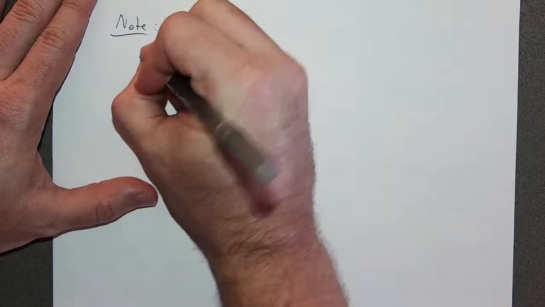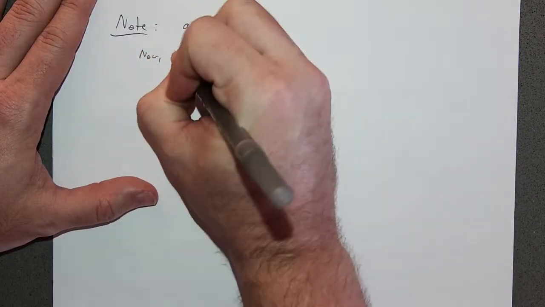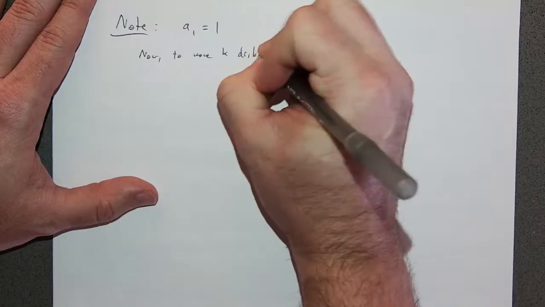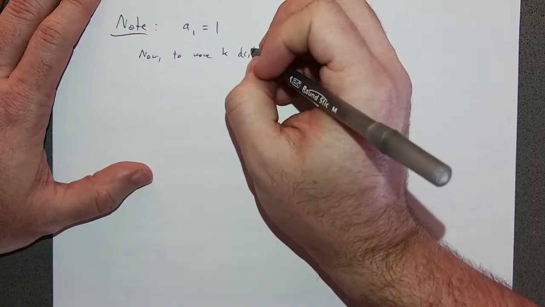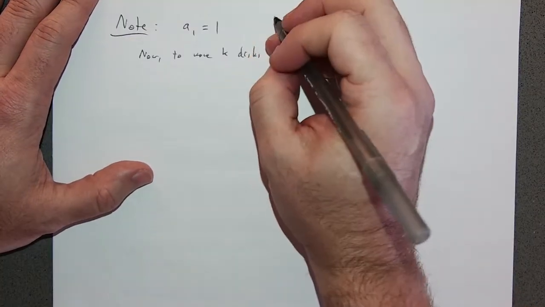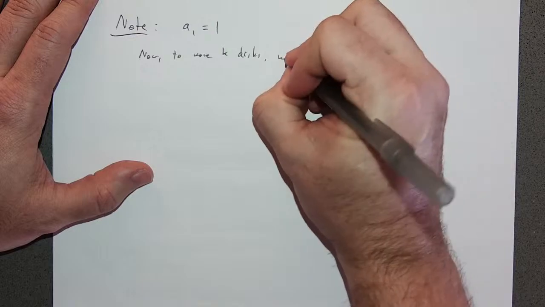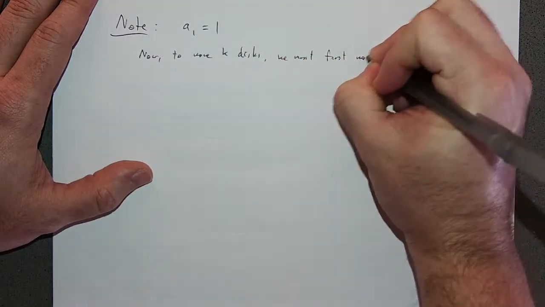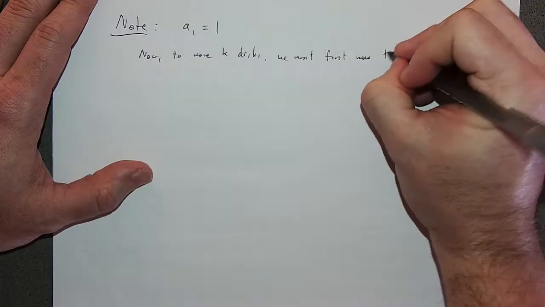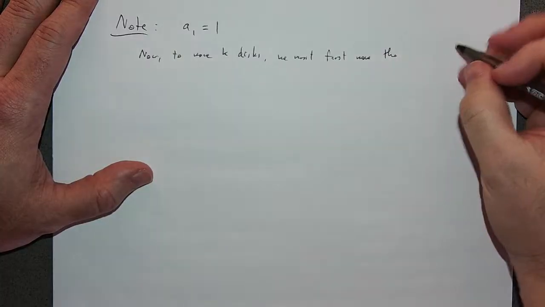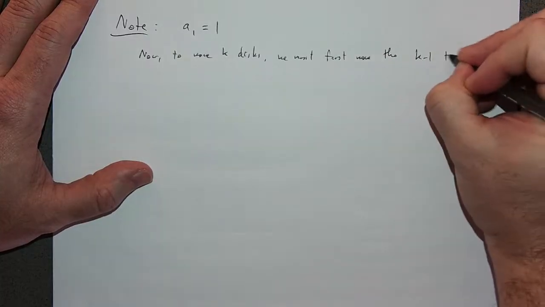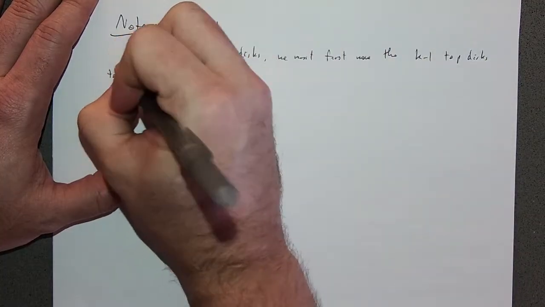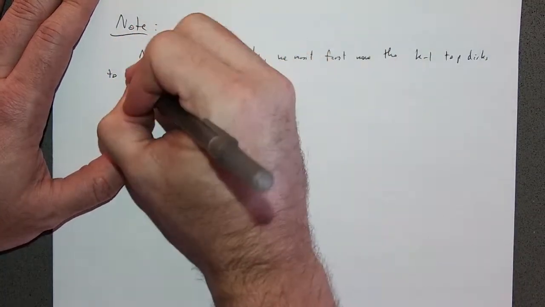Now, to move k disks onto another pole, we must first move the k minus 1 top disks to one of the other poles.